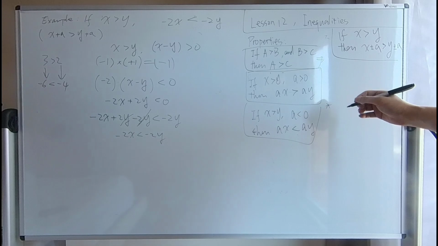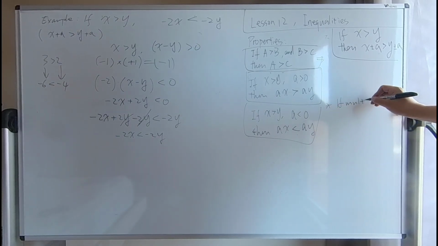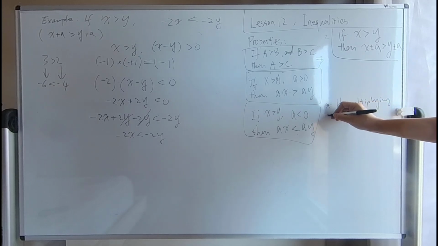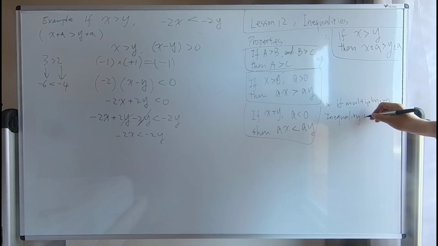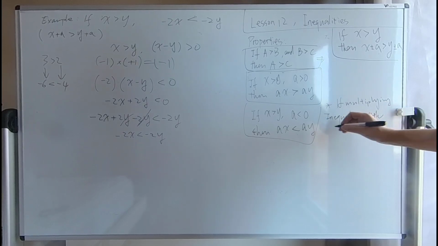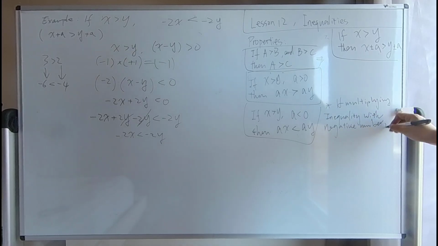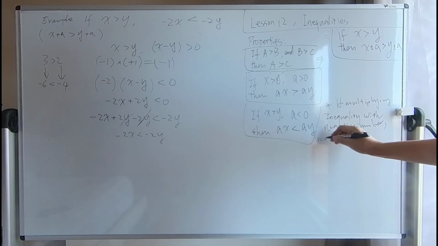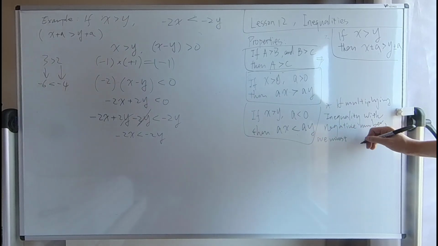So basically, to further summarize this, if we multiply the inequality with a negative number, we must reverse the direction of the inequality.